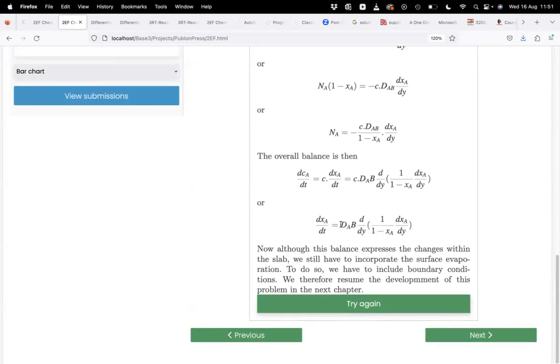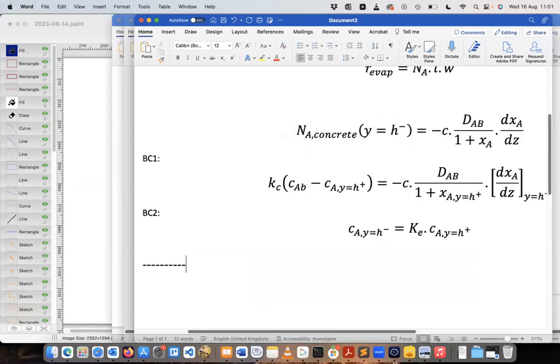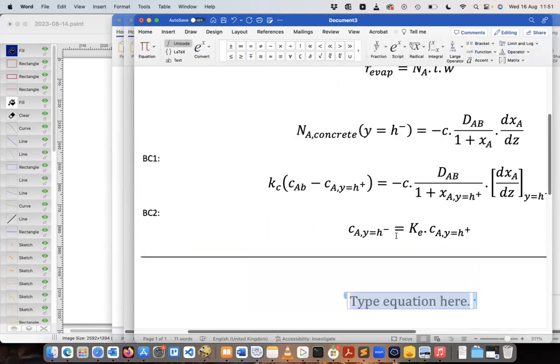And our eventual material balance, I'll just write it separately here. The material balance would look like this, just separating these things. So we would end up with dCA/dt equals D_AE, and I'll call it D_AE as an effective diffusivity.